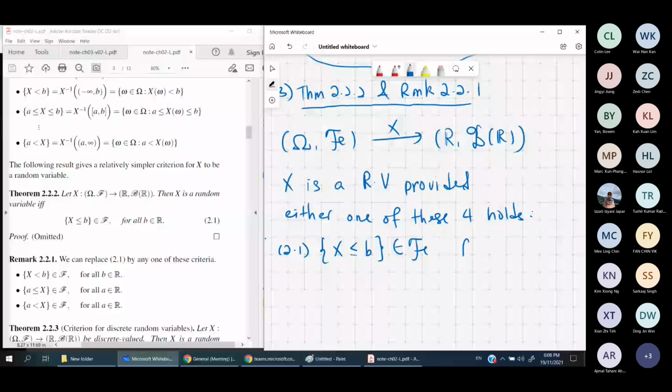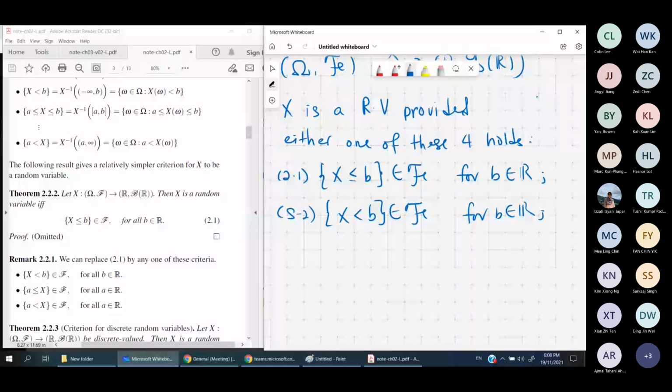Alternately, maybe I shall put a label S2 for this one. Instead of X less or equals to B, we can take the preimage X strictly less than B. Either one of it. We can either take 2.1 or S2, or we can also take this: X is greater or equals to A. The preimage for this interval is an event for all A here.